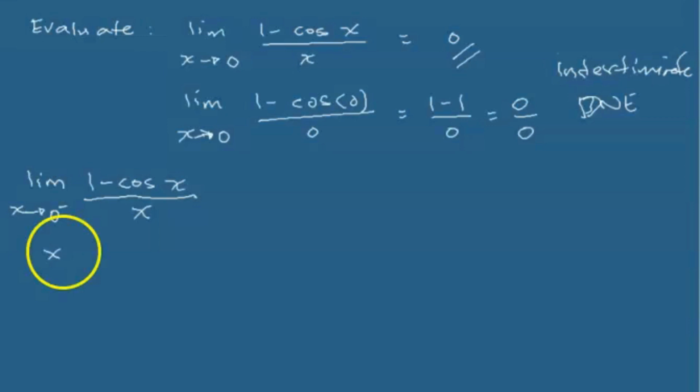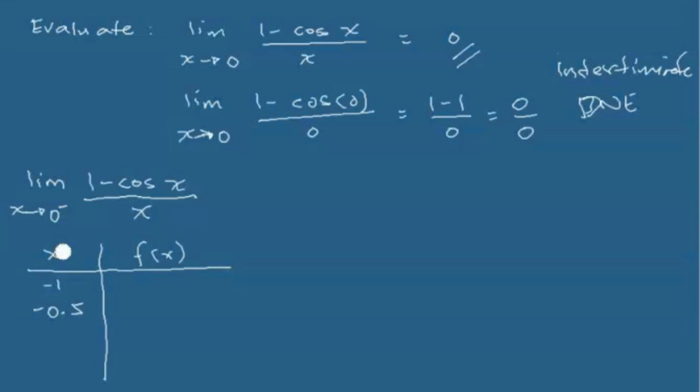Let's construct a table. We can start from negative 1, negative 0.5, negative 0.1, and this time let's have negative 0.001.